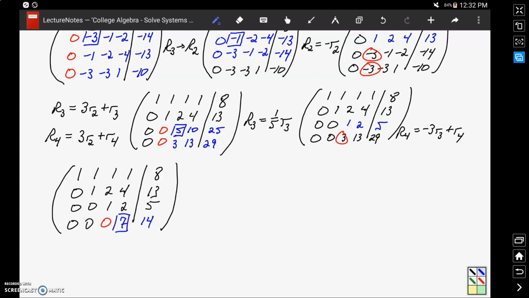And then to turn that value in row 4, column 4 into a 1, we'll look at updating row 4 by multiplying all the values in that row by 1/7.